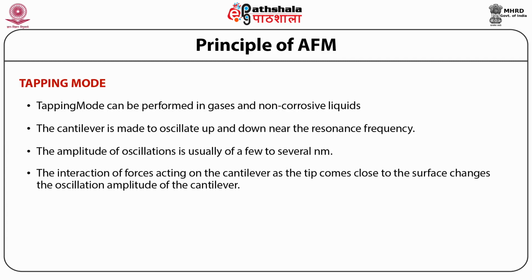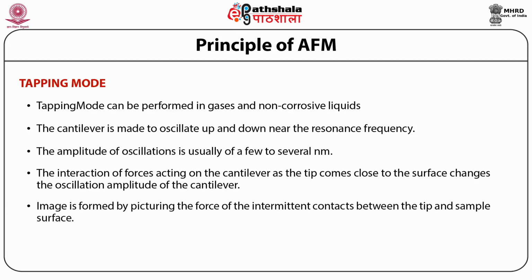The interaction of forces which are acting on the cantilever as the tip comes close to the surface changes the oscillation amplitude of the cantilever. The image is formed by plotting the force of intermittent contacts between the tip and the sample surface.